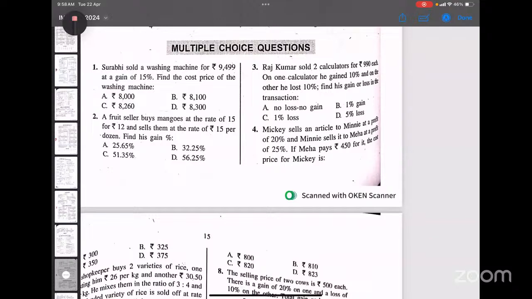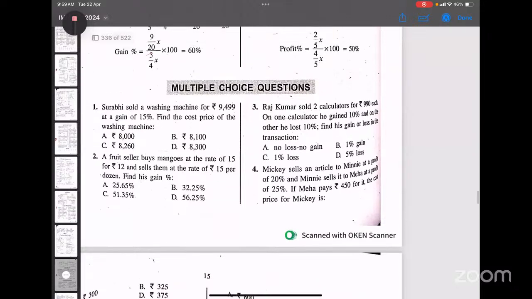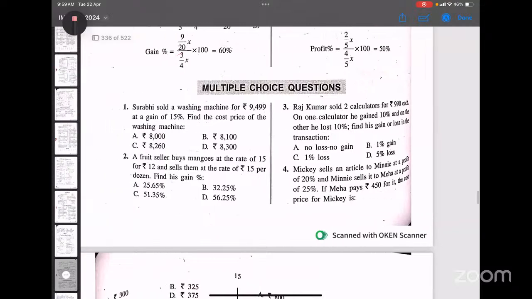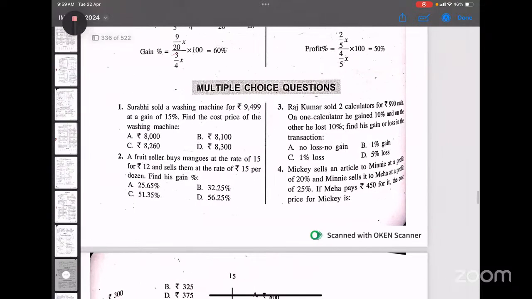So how will you solve it? There are two ways to solve it. First is by option. You can try by option. If one of the options is correct, its selling price is how much? 9,499, and gain is 15% on this.